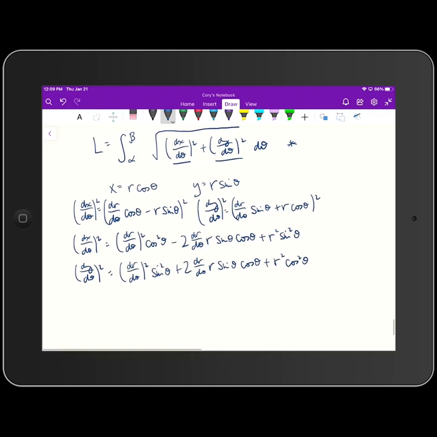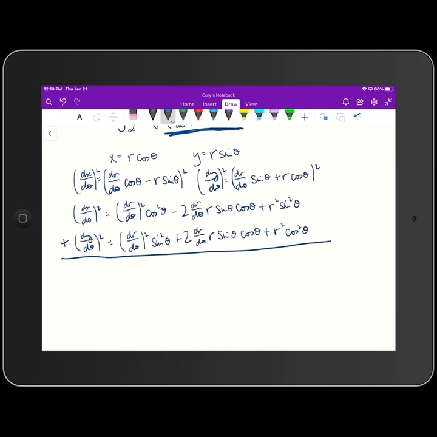Okay, and we know that we are going to add (dx/dθ)² and (dy/dθ)². So I'm going to add up the expressions on both sides. When I do so, on the left-hand side, we get (dx/dθ)² plus (dy/dθ)².